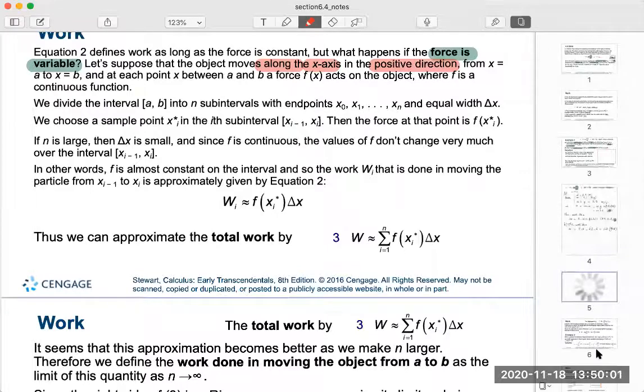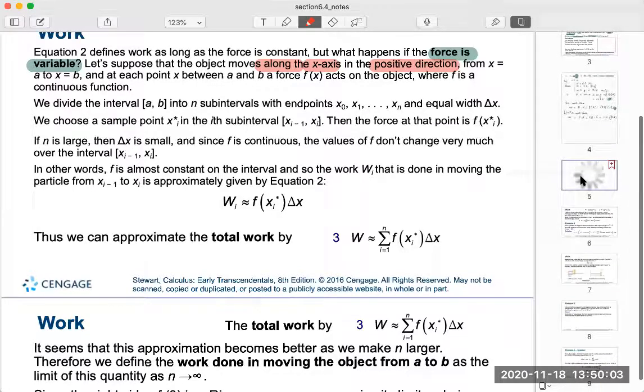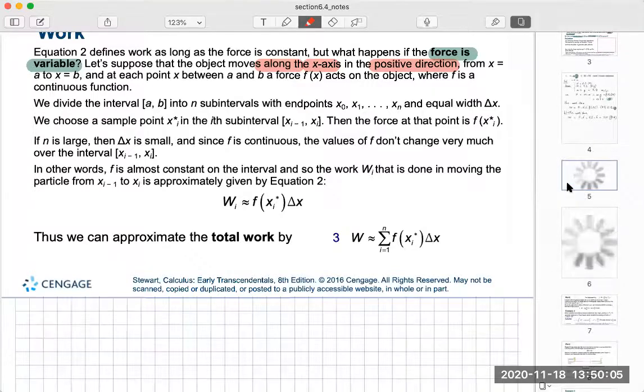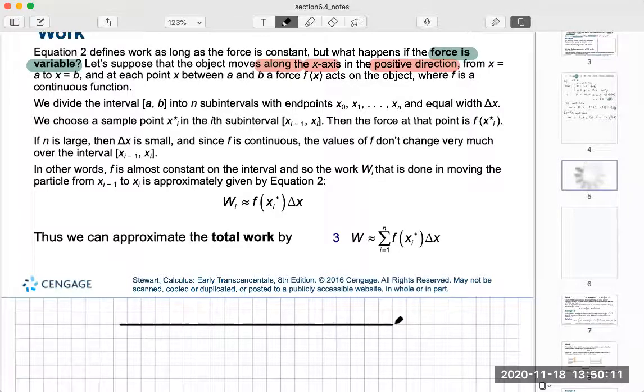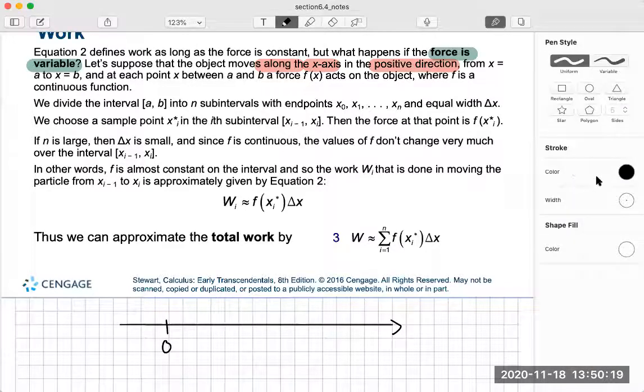Let us draw a picture of this. Suppose the origin is here. Then the object is moving from a to b here.